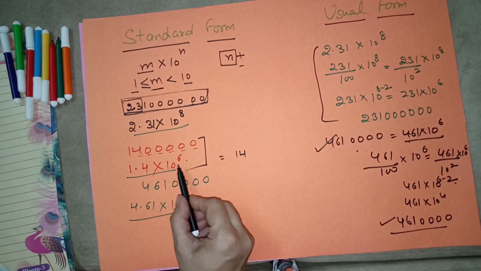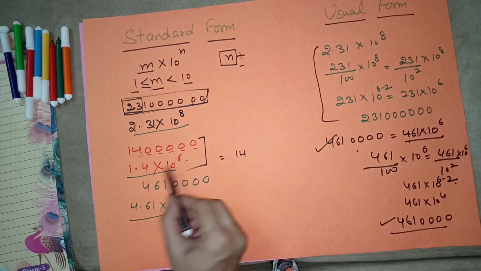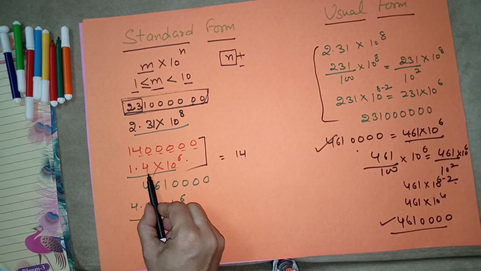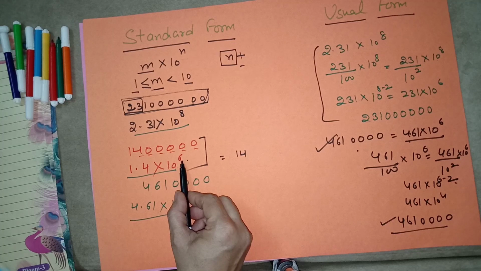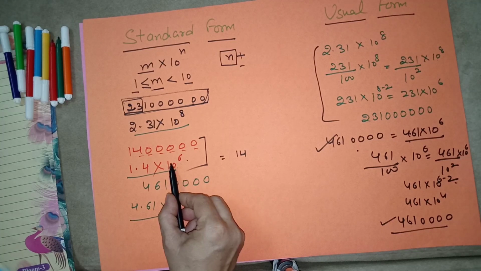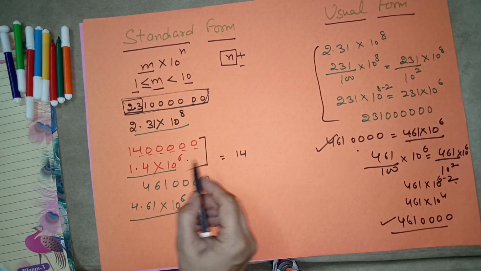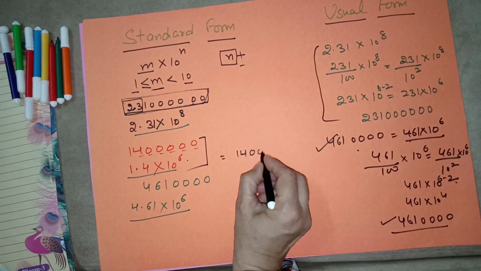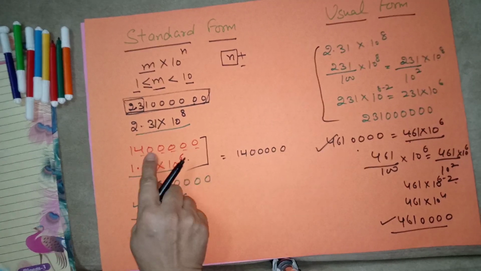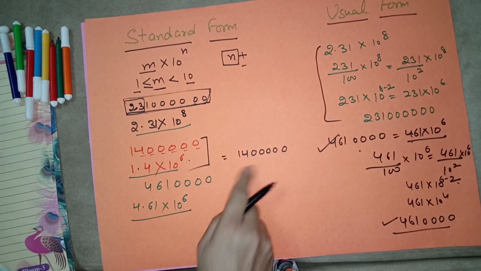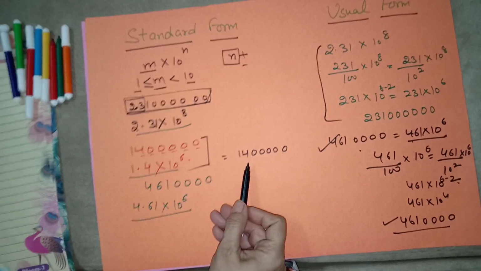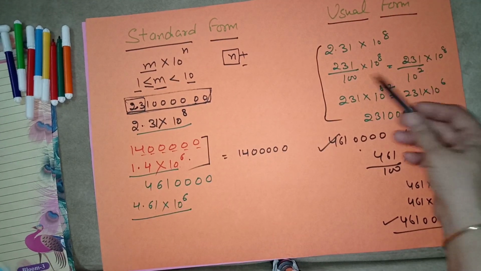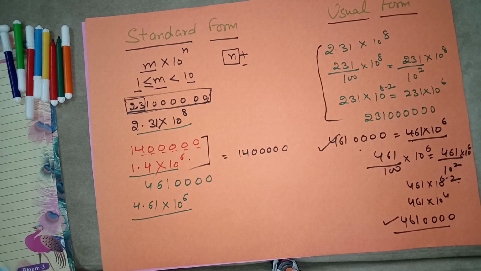Here there is 1 digit after the decimal, so it means 10 to the power 1. 6 minus 1 is 5. It means how many zeros are there? 5. 1, 2, 3, 4, 5. The whole number is the same. If you want to write it directly, that is also equal. If you want to solve it like this, that is also right.